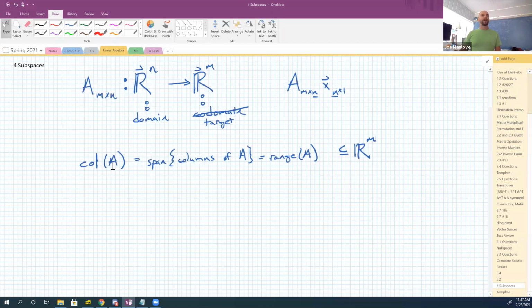Okay. Now, I have one more space that I know about already, which is the null space of A. What's the null space of A? It's the set of vectors such that what happens?